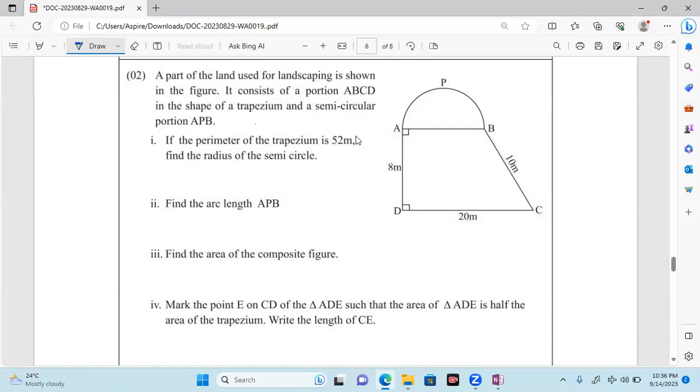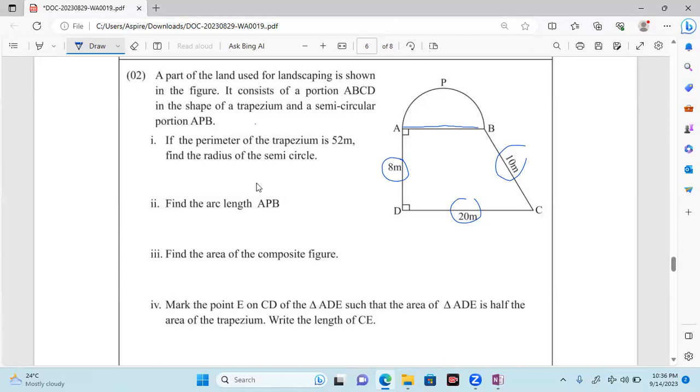Then you have to add all these together, then subtract it from 52, and obtain the diameter. Then divide it by 2 to find the radius.